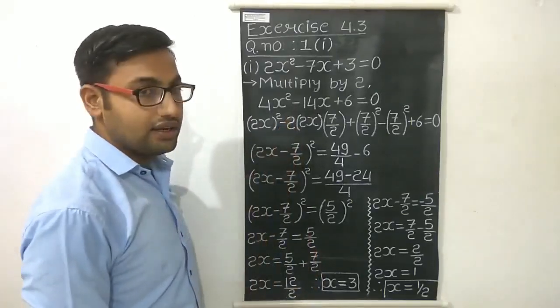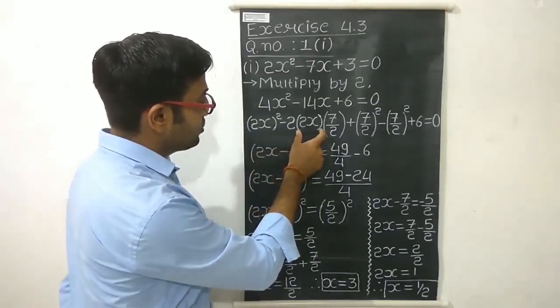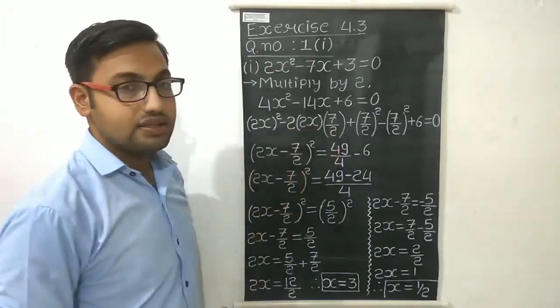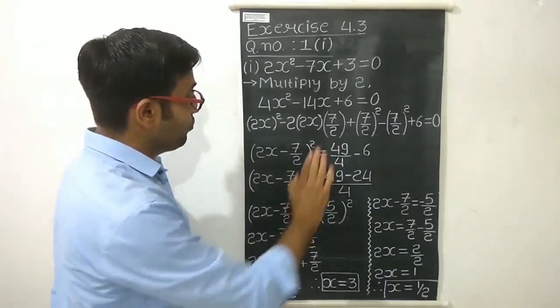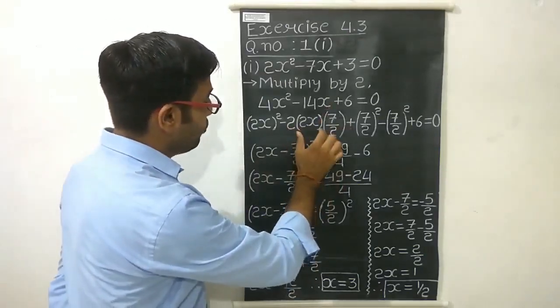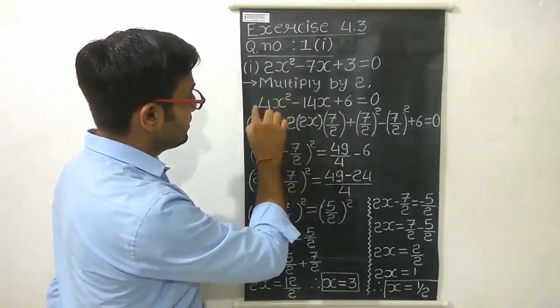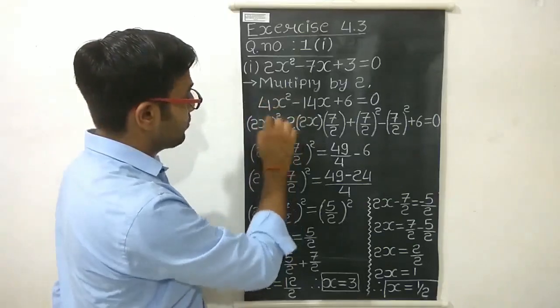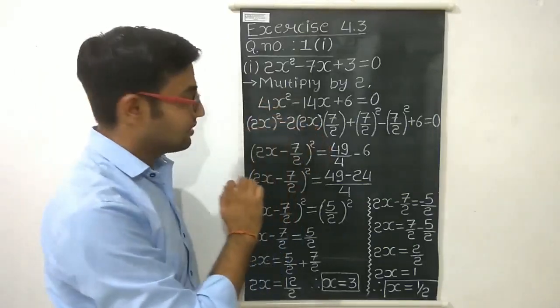According to the identity, the middle term will be 2 multiplied by the first term multiplied by the second term. Now we do not have the second term, so what do we do? We just have this 2 and 2x right now, because this is a perfect square and the square root of 4x square is 2x. So 2 multiplied by 2x.